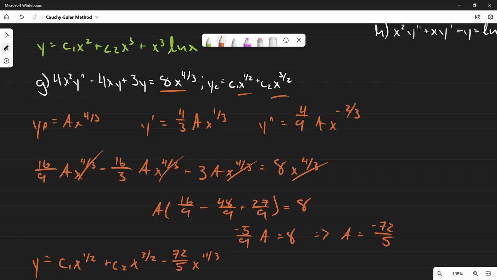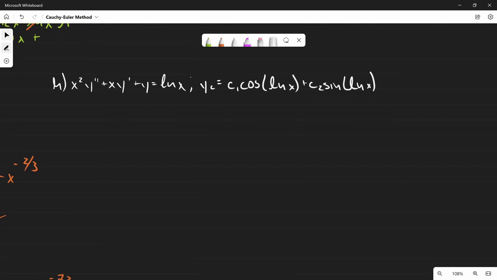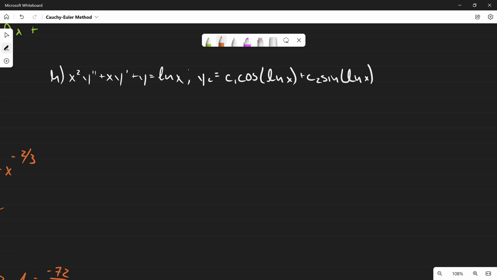And then our last example will be this function, and then we have a trig solution. Our function is natural log of x, so we can just leave it as is. So our particular solution will just be a natural log of x, and its derivative will be a over x, and then the second derivative will be negative a over x squared.